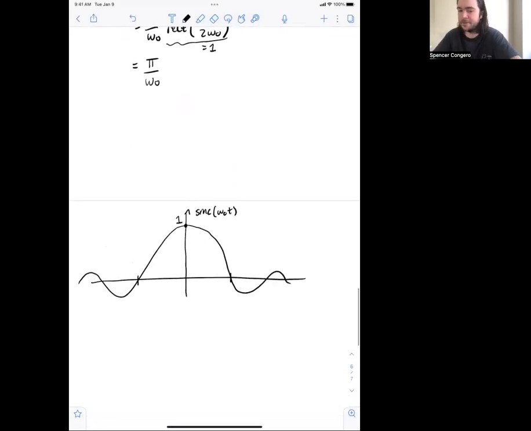And where are these first 0 crossings? Well, they're just the first places that sine of omega naught t equals 0. That's what we said above. Where does sine of omega naught t equal 0? Well, it equals 0 whenever that argument is plus or minus pi. Omega naught t is plus or minus pi. That means t is going to be plus or minus pi over omega naught. This is pi over omega naught. This is negative pi over omega naught.